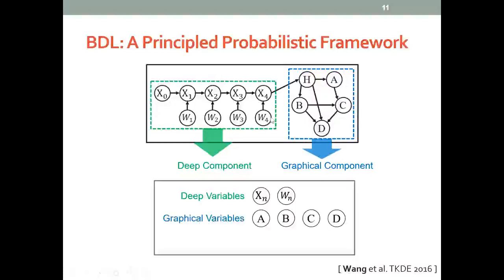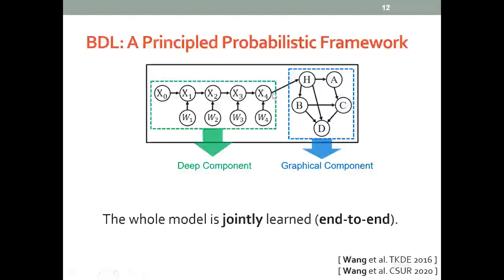And we have the graphical variables, which are variables inside the graphical component without direct connection to the deep component. And these variables are often drawn from relatively complex distributions in order to handle complex relations and conditional dependencies among different variables. And we have the hinge variables, which are variables inside the graphical component with direct connection to the deep component, so that this whole model can be jointly learned end-to-end.